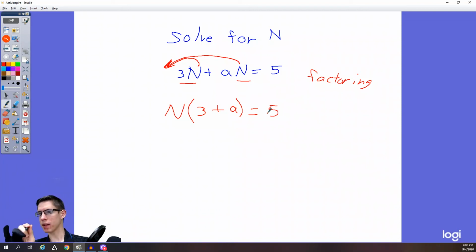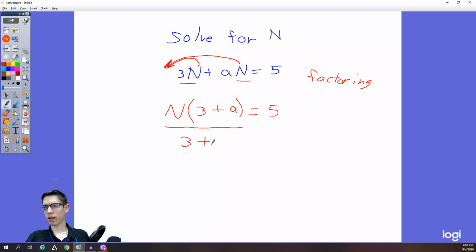That parentheses is implying for us that we need to multiply n times this package. But I don't want to do that. If I multiply n by this package, that'll take me right back to where I was. N times 3 and n times a. So instead of doing that distributive property, I'm going to choose to do the opposite thing. In this case, the opposite of multiplication is to divide.